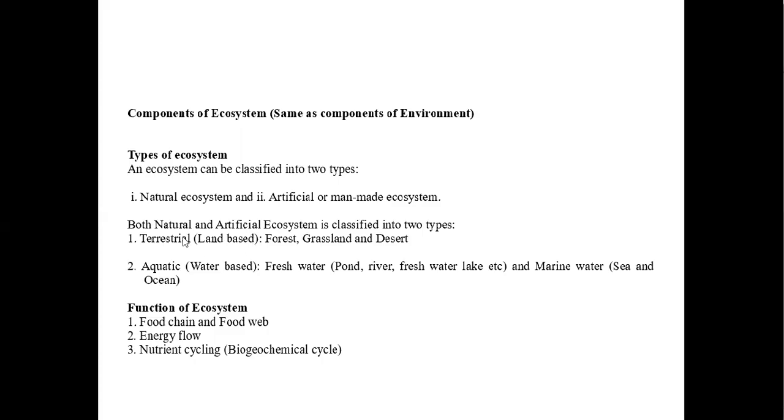Both natural and artificial ecosystems are classified into terrestrial and aquatic ecosystems. Land-based is known as terrestrial, and water-based is aquatic. Examples of terrestrial ecosystems are forest, grassland, and desert. The aquatic ecosystem is divided into freshwater ecosystem and marine water ecosystem.